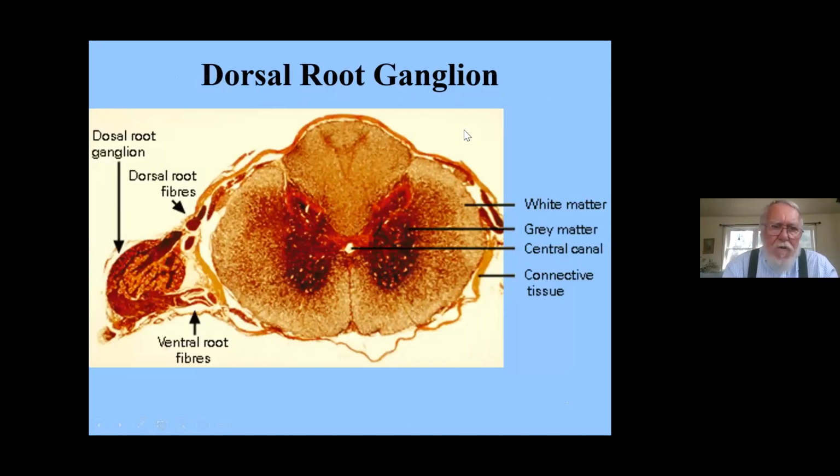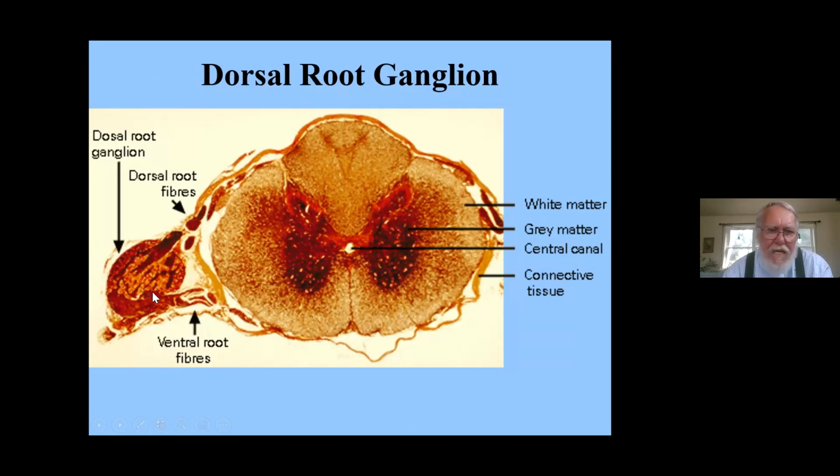So here is a picture of a dorsal root ganglion. And here are dorsal root fibers going into the cord, either going medially into the cord or going laterally into the laminae and innervating them.